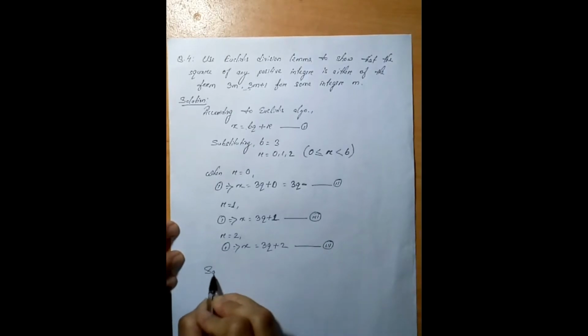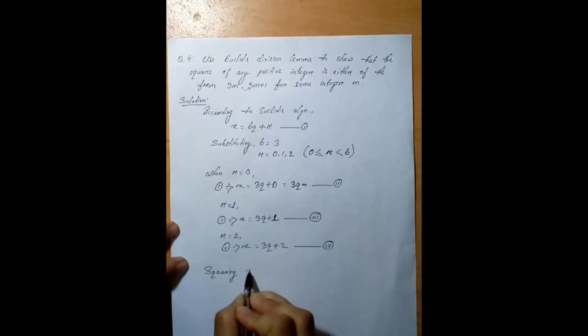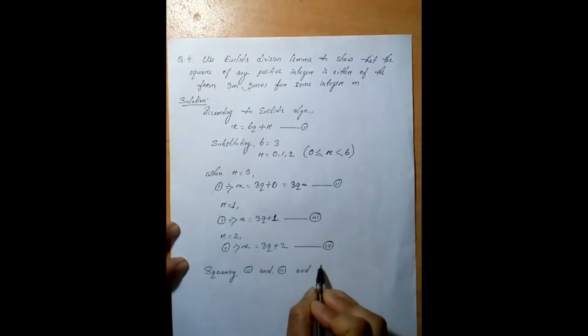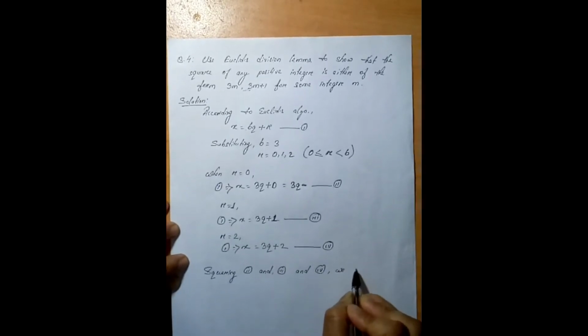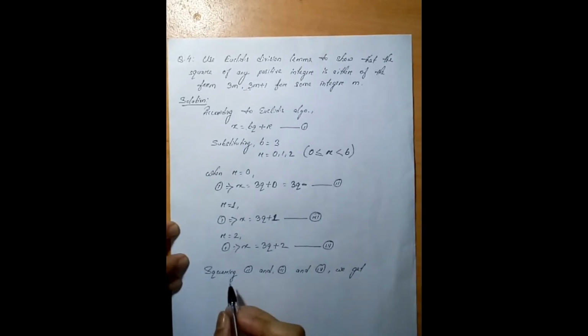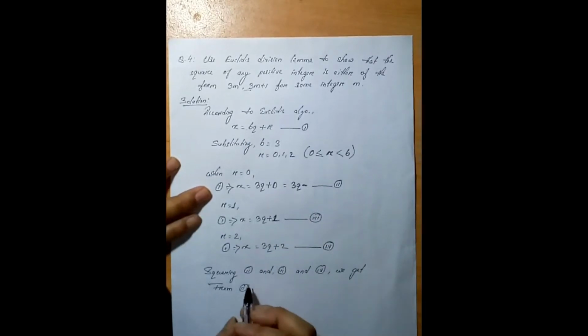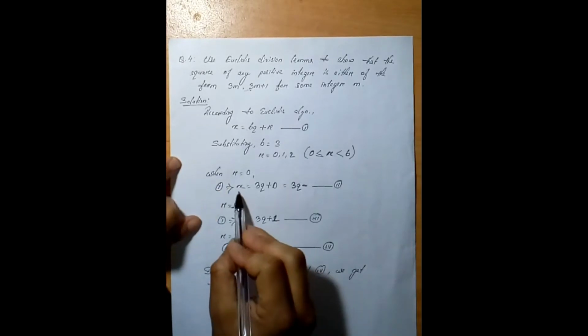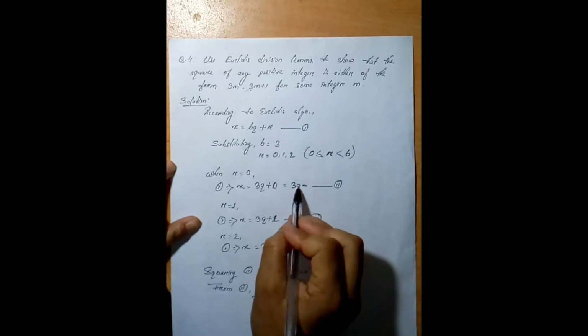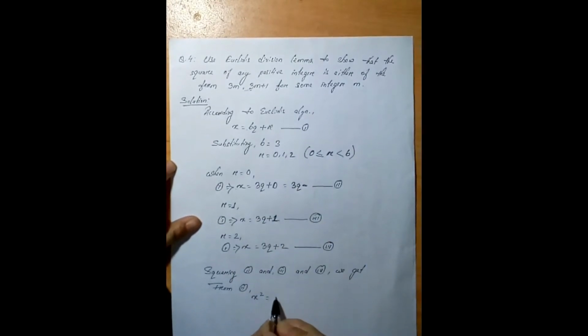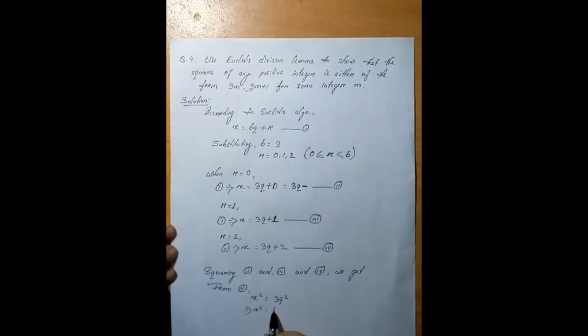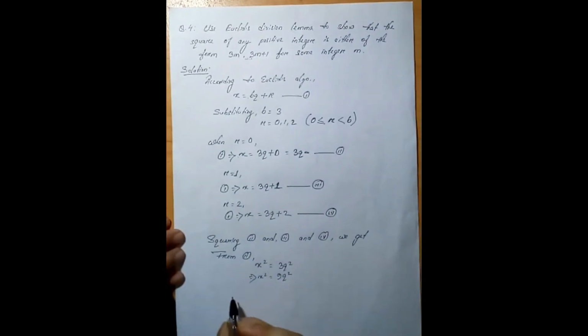From equation 2, if we square this we will get x square equals to 3q whole square, that means x square equals to 9q square.